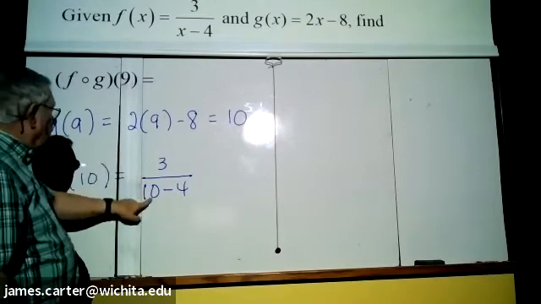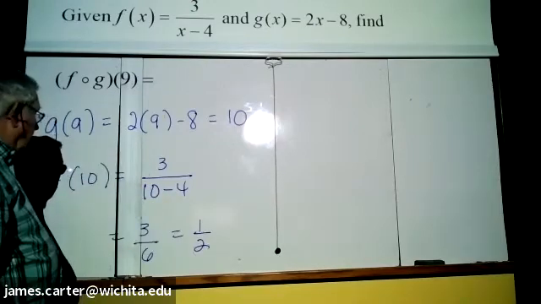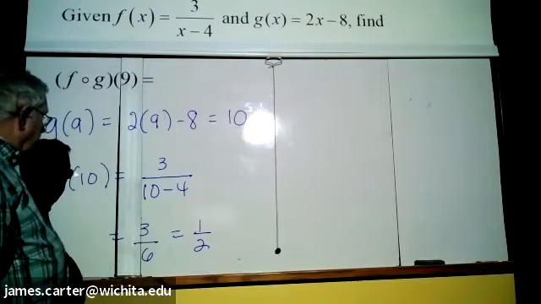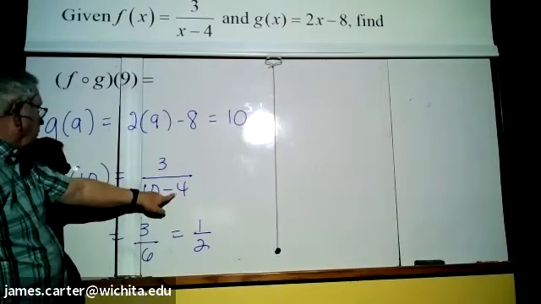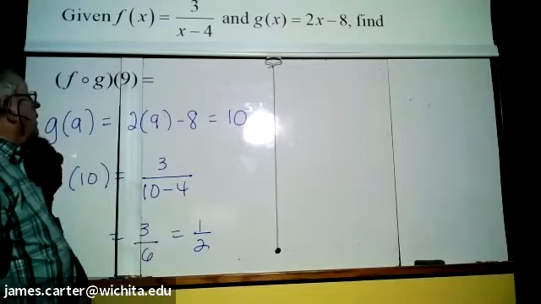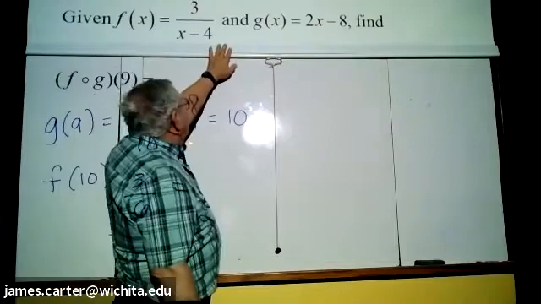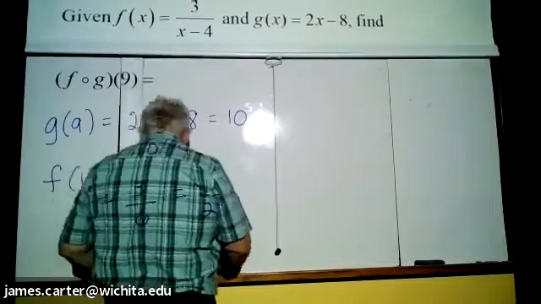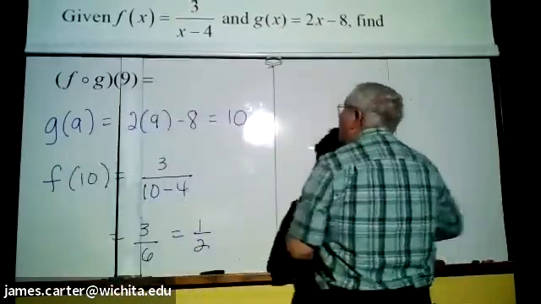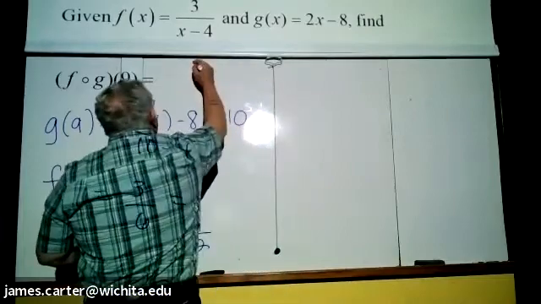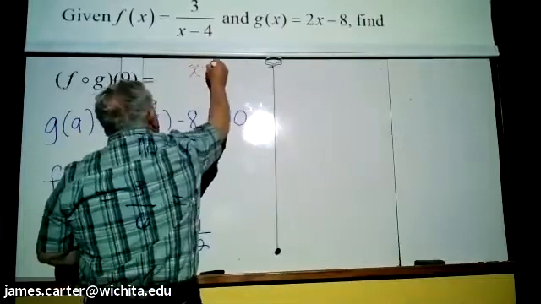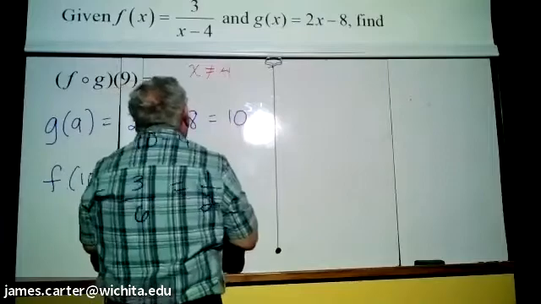So we have 3 over 10 minus 4, which gives us 3 over 6, which is 1/2. Now, like I said, right from the beginning, we should have written the statement x not equal to 4.